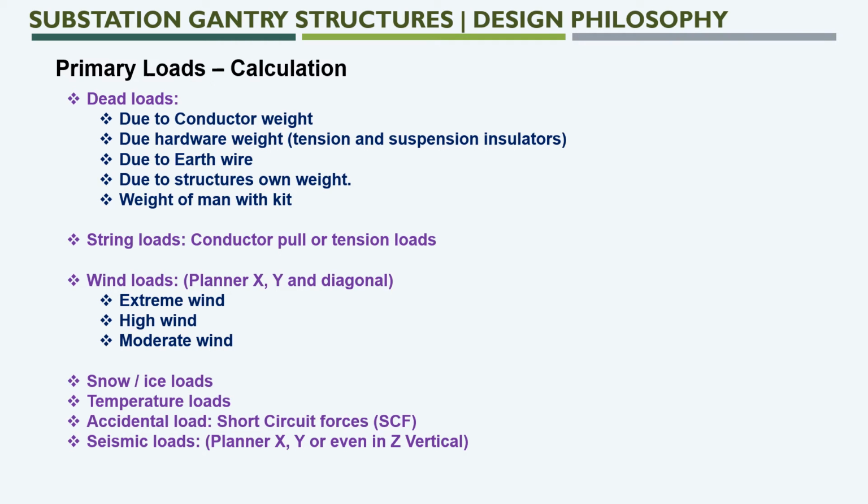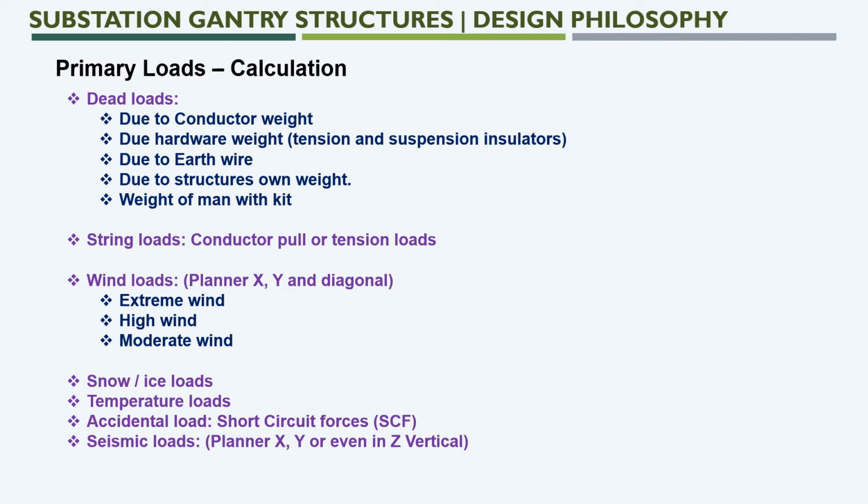Weight of man with kit: generally for maintenance purposes, one man with his kit used to climb on the structure to do maintenance or any check, such as a frequency check on the insulators or any conductors or any equipment fitted on the structure, or for the lighting fixtures. So we have to consider the dead load of a man with kit.